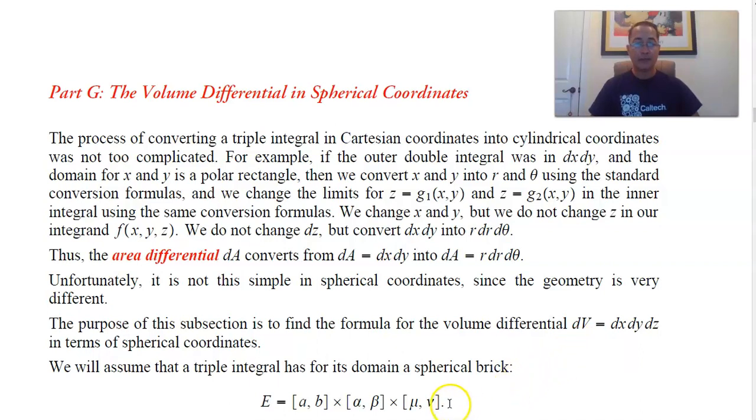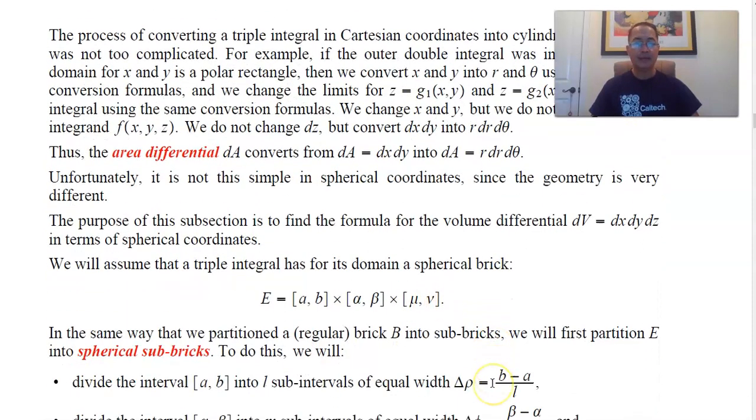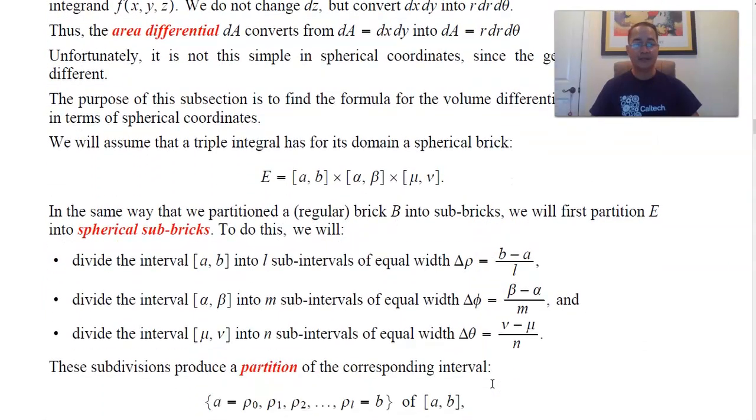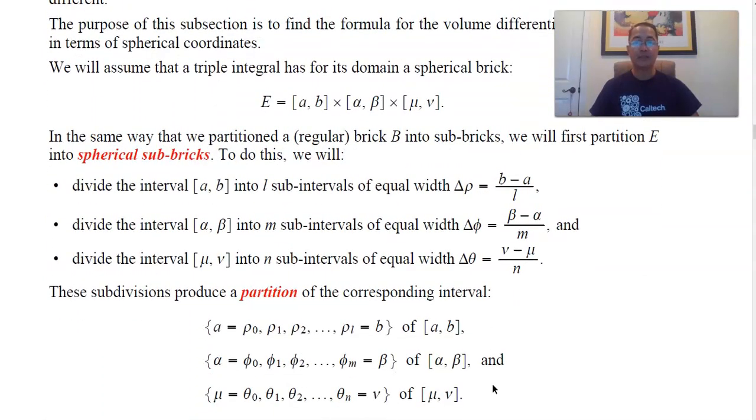Okay, so here's our setup. We're going to use the spherical brick that we created last time. Rho is going from A to B, phi from alpha to beta, and theta from mu to nu. So how do we create a triple integral? It's all about partitions, subdivisions.